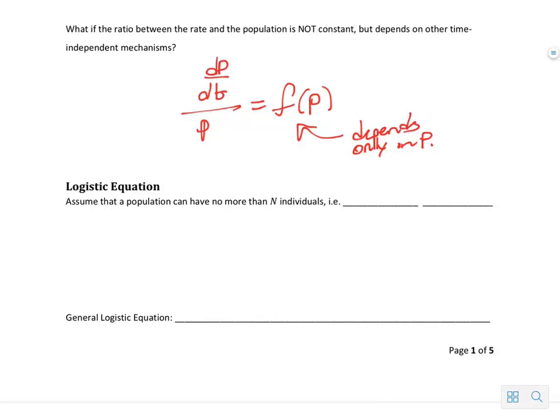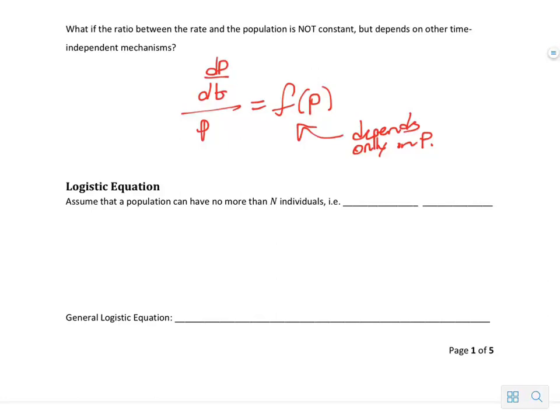There's going to eventually be some carrying capacity where we can't grow exponentially forever. We reach an upper limit on not only how much space there is, but maybe how much resources there are to support that population. And so the idea of a carrying capacity doesn't depend on time, right? It only depends on how many people are there. The closer you get to the carrying capacity, your rate of growth is going to decrease.